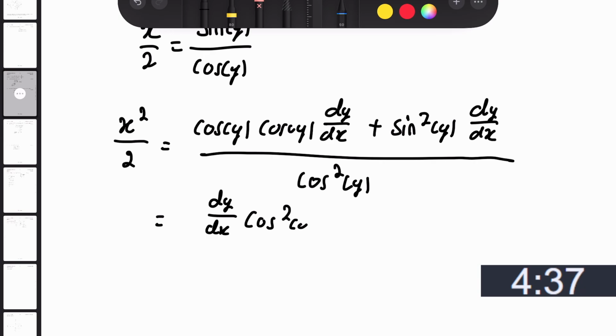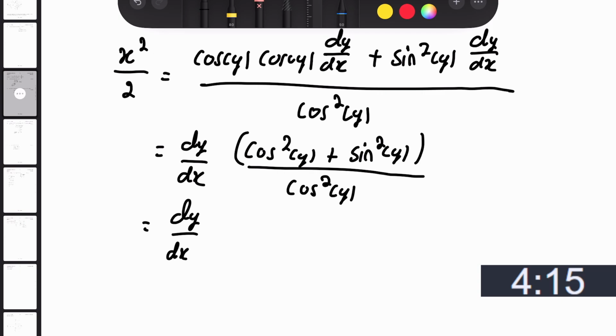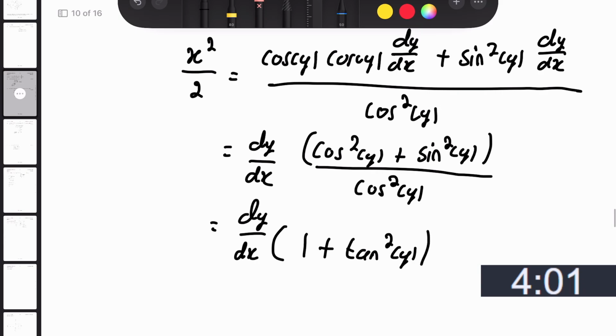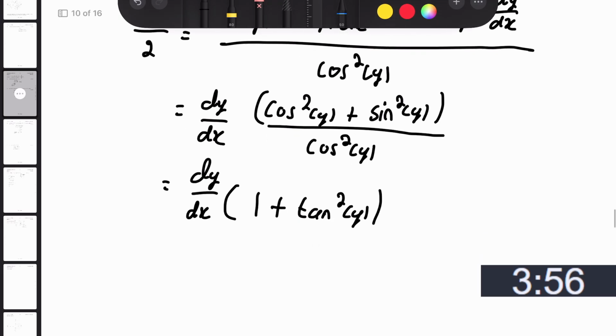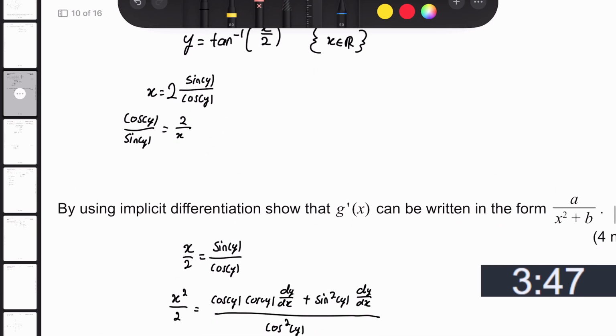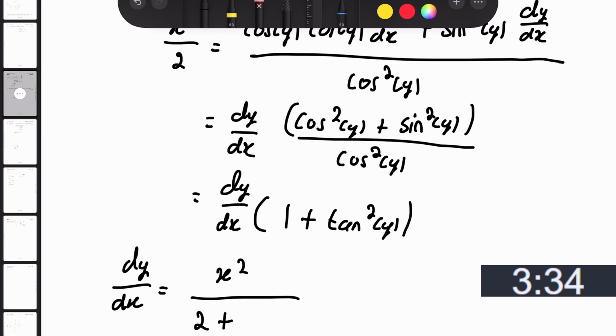What if I do cosine squared of y plus sine squared of y all over cosine squared of y? Because then I get that this is equal to dy dx of 1 plus tangent squared of y, so dy dx is equal to x squared on 2 plus 1 plus tangent squared of y.